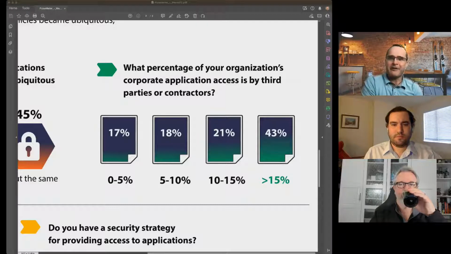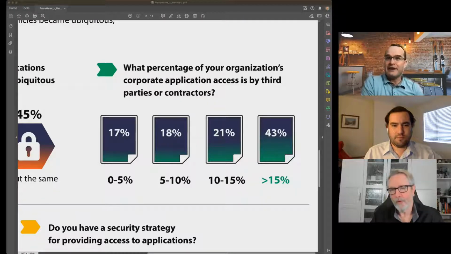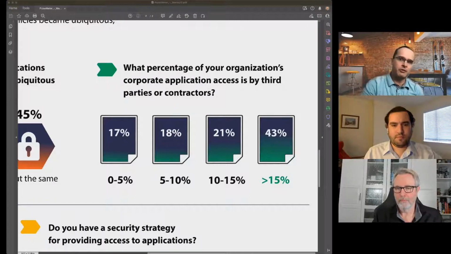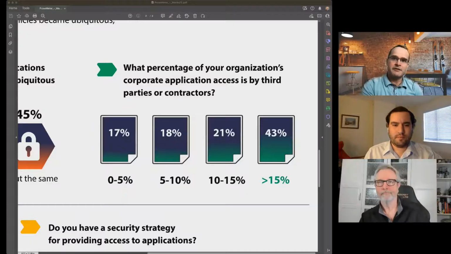So figuring out how those applications that all these third parties are accessing, and what data they now have at their fingertips by, again, this unmanaged device, unmanaged user, and how do you make sure that stays secure? From a security standpoint, that is a tough nut to crack. Companies are looking at different ways to do that, but I'm sure it's one of those things that keeps CISOs up at night, trying to figure out how to solve that problem.